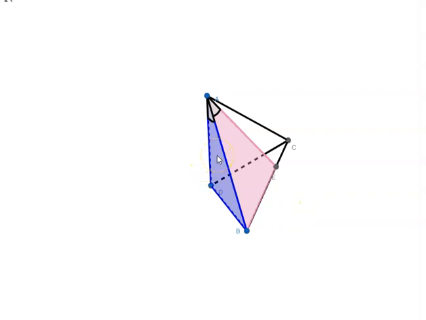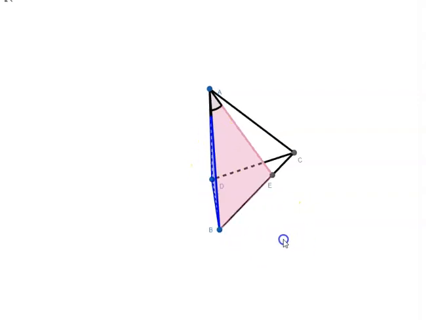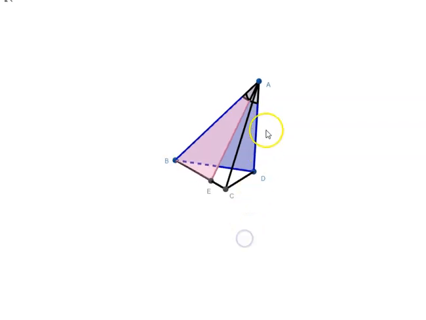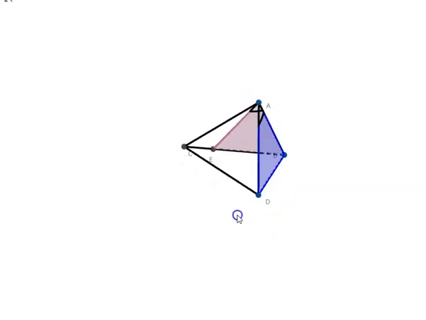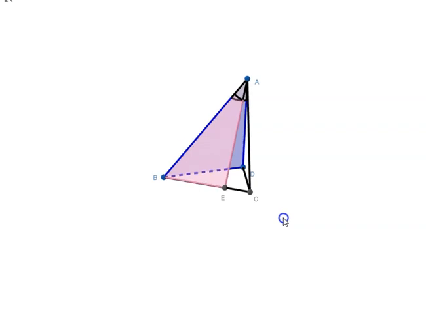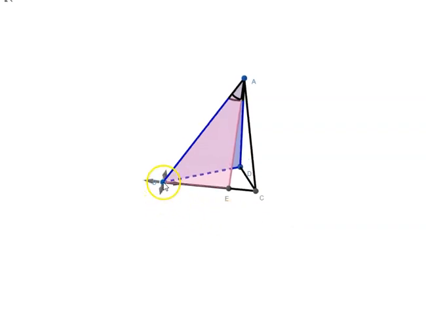So we can take this angle, angle DAB, and add it to CAD. And BAE, we can add it to CAE. So we end up with angle CAD plus DAB is greater than angle BAE plus EAC.